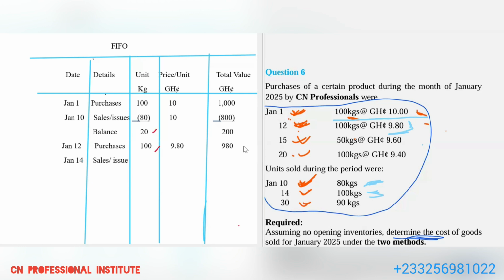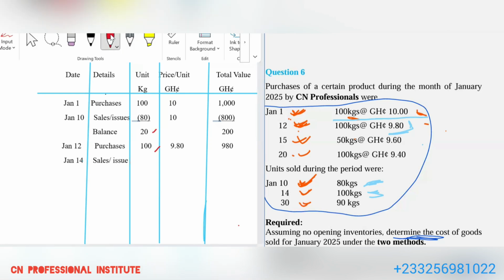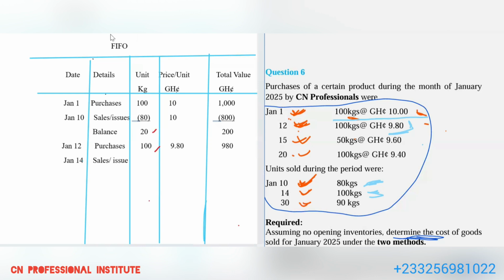But these 100 kilograms that we sold, if you come to this side here, we had 20 at 10 cedis. Let me even add it. So it's 20 at what? 10 cedis.